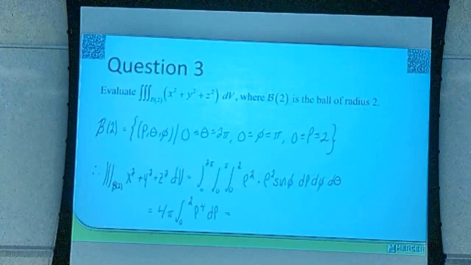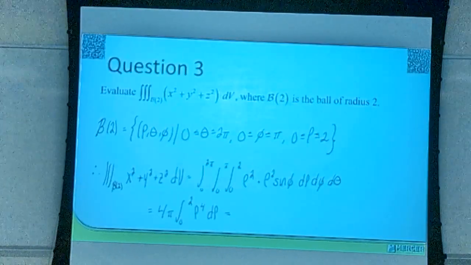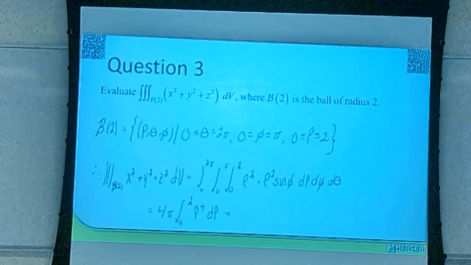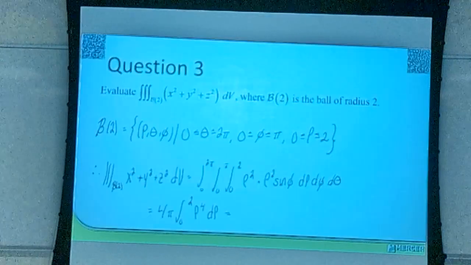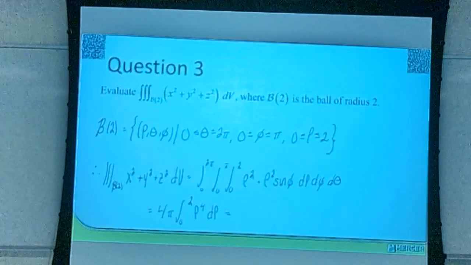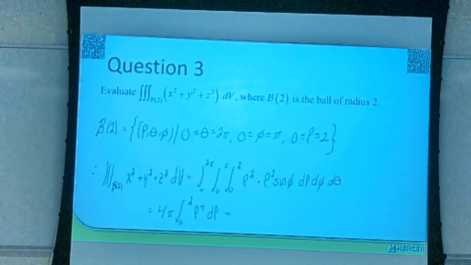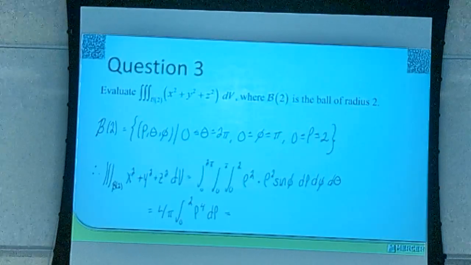What's 2 to the 5th? Let's actually just leave this 2 to the 5th for right now, because 4 is 2 squared, right? So 2 squared times 2 to the 5th is 2 to the 7th. What's 2 to the 7th?